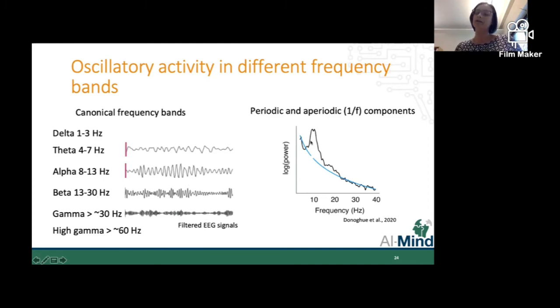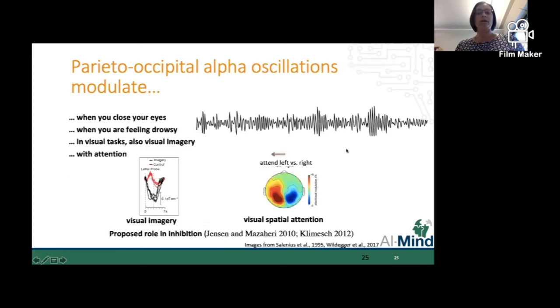And the spectrum of this oscillatory activity shows periodic oscillatory activity, but also typical aperiodic or 1/f components, and exhibits this type of power law signals.